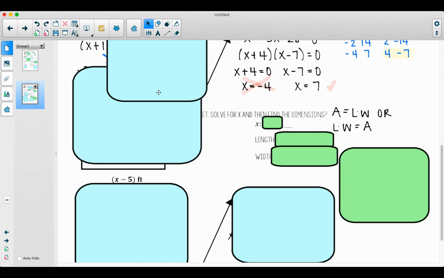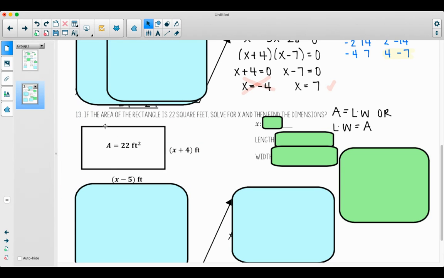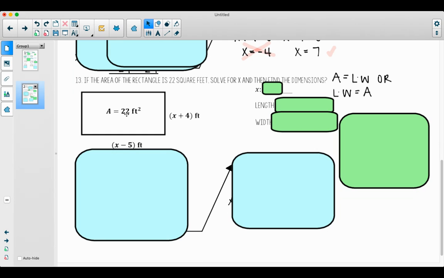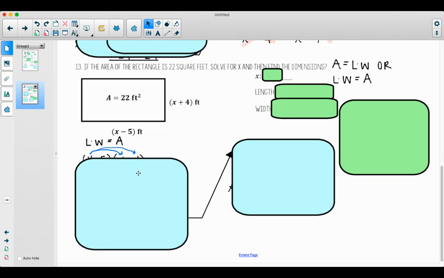So in this next problem, number 13, our last one, our area of the rectangle is 22 square feet. Solve for x and then find the dimensions. So very similar. Work through the problem when you're given x minus 5 feet for the width and a length of x plus 4 feet, and the area is 22. So hopefully we set up the equation.